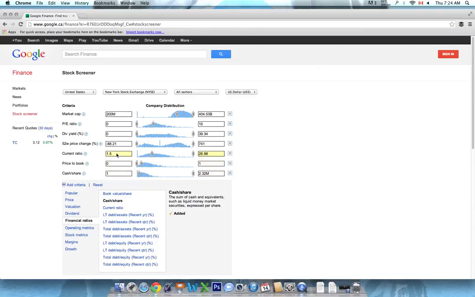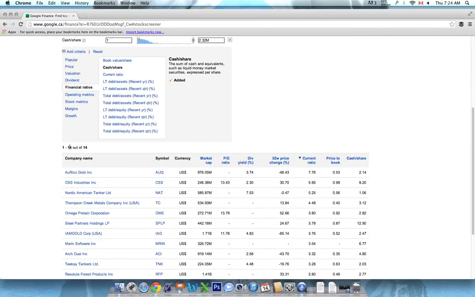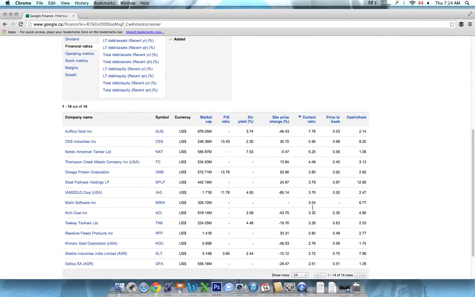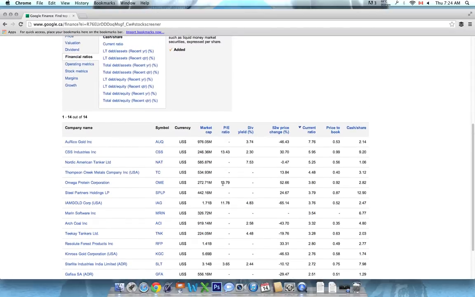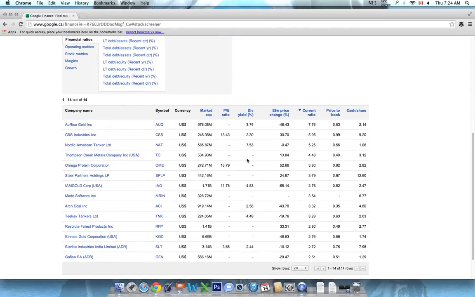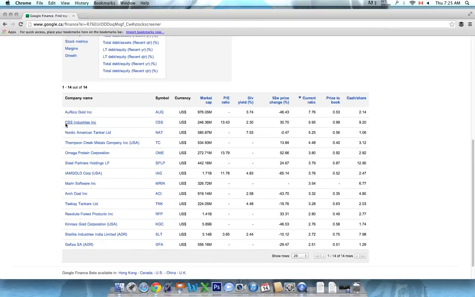I might even want to refine my criteria here to be even more picky, in which case we're down to 14 companies, but they have tons of ability to cover their current liabilities. So this is a great starting point to speed up your research, to narrow down your focus, and help you find some of the best fundamental stocks.